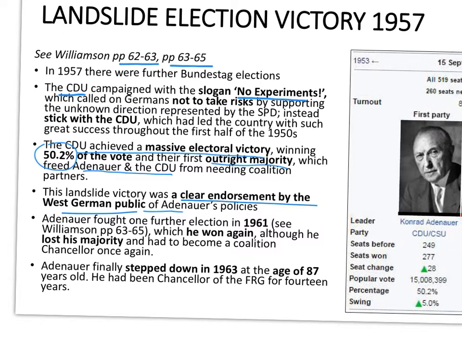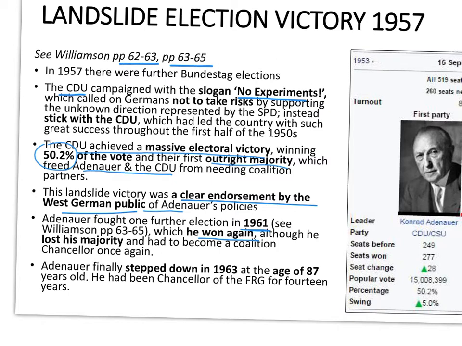Adenauer fought one further election 4 years later in 1961. He won it again. So that was the fourth election campaign that the CDU won. They won it in 1949 with 31%, and then 1953 they got 45%. 1957 they got the overall majority of 50%, and they won again in 1961.